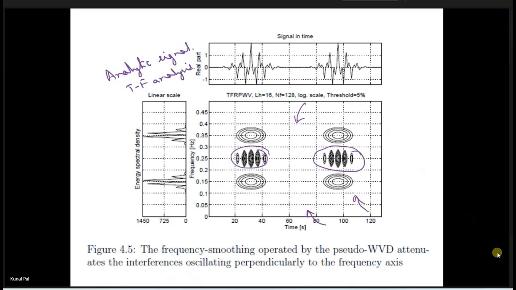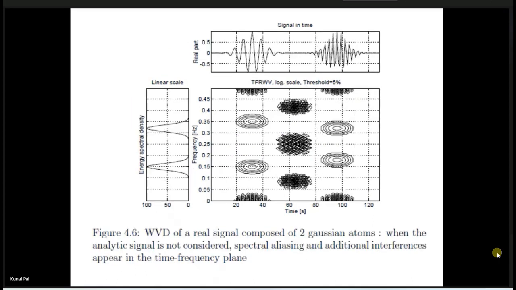Now, what happens if you do not use the analytic signal? See, when the analytic signal is not considered, the cross terms have increased in multitude.